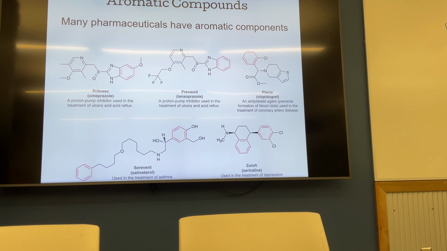So at any given moment, you can have these different structures, but it's highly stable. And aromatic compounds in general are going to be stable. You want your drugs to be stable, right? That's going to increase their shelf life. You don't want them to be so stable that they can't be metabolized, though, right?